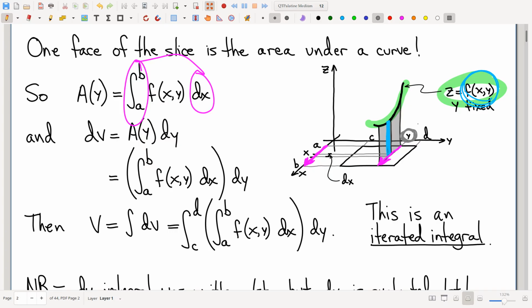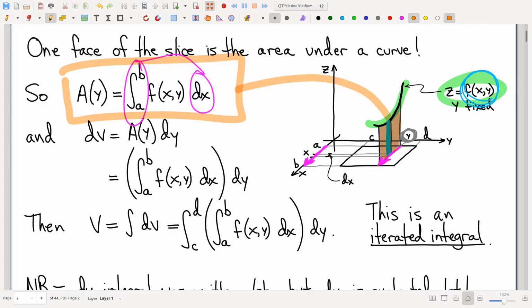And if y stays fixed at that value and x goes from a to b, that moves me right along this little line segment. I've got a formula for height, and then the area, I'll use orange, of that cross-section is just that integral right there.